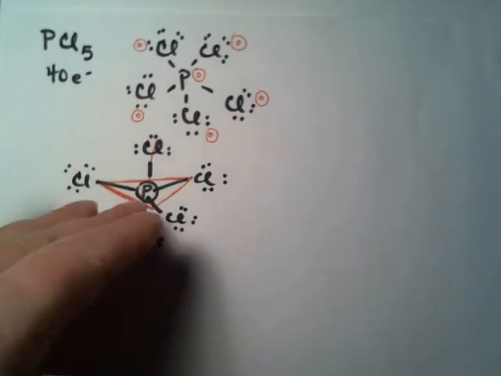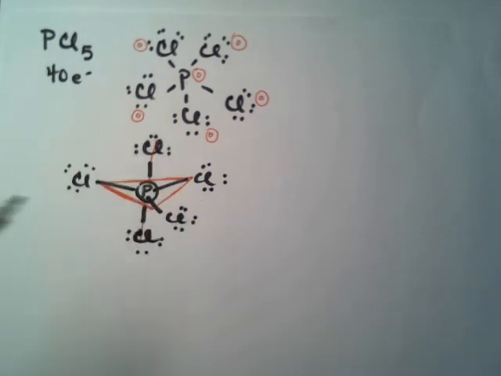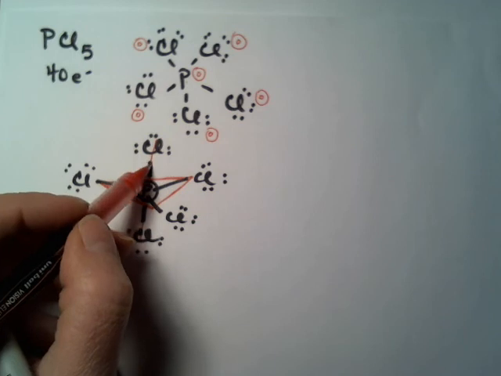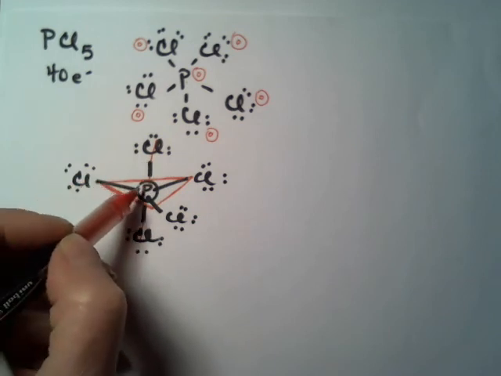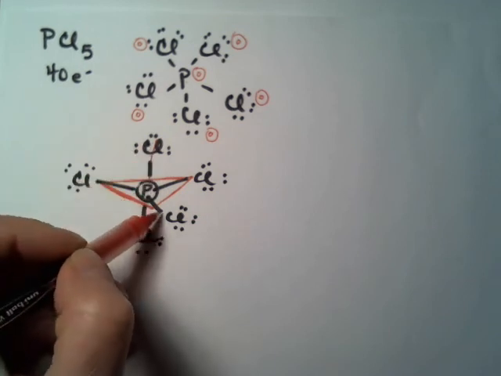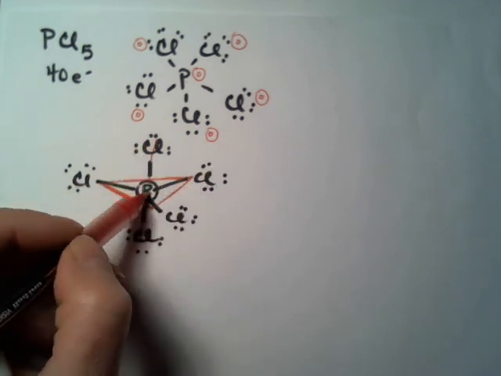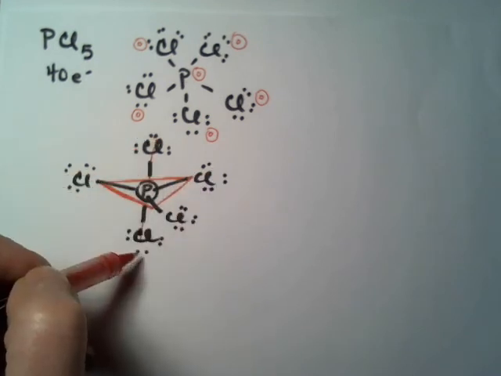So these 3 are flat, and then this one's popping up and this one's popping down. And so we note that this bond angle is 90, and this bond angle is 90, and this bond angle is 90. Same thing on the bottom.